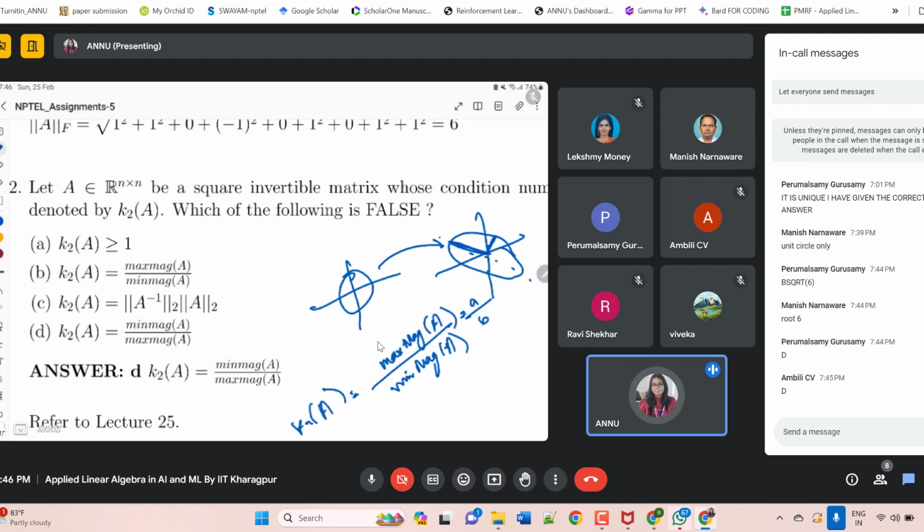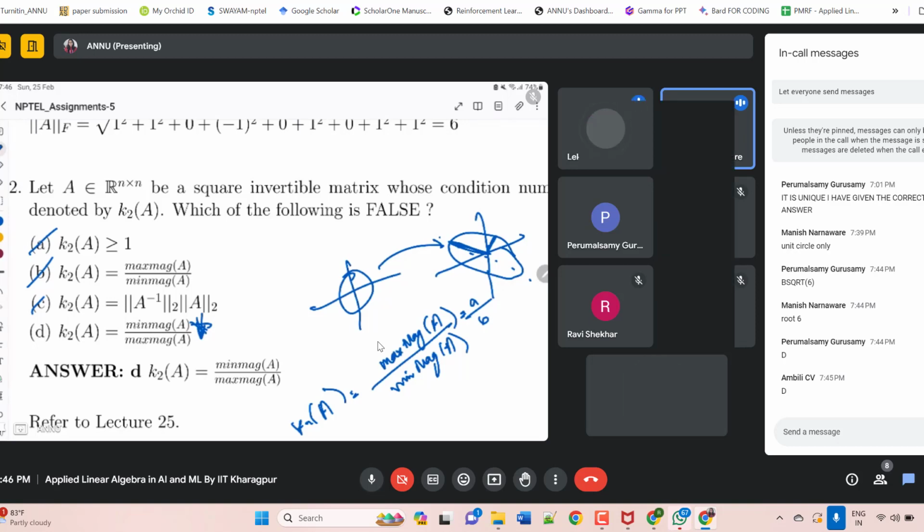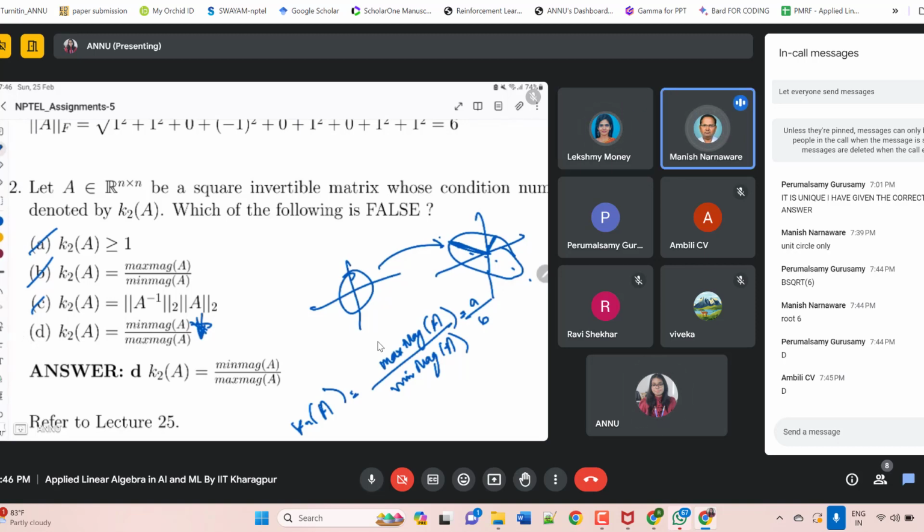So this is wrong, right? This is opposite. That is what I answered. I was confused. B should be the answer. B is true. B is the only option that is false. It's written here D is false. Okay, then it is D. Yeah, just D.